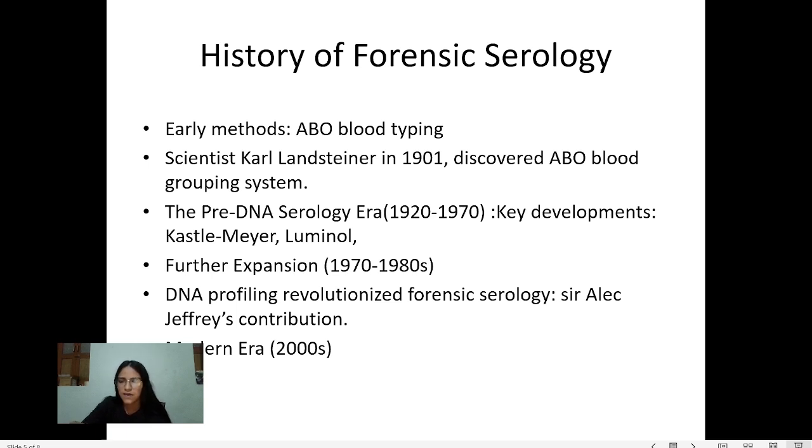These tests could detect even very small traces of blood. These are the presumptive tests for blood, which we will be learning in the next video, which will be uploaded very soon.